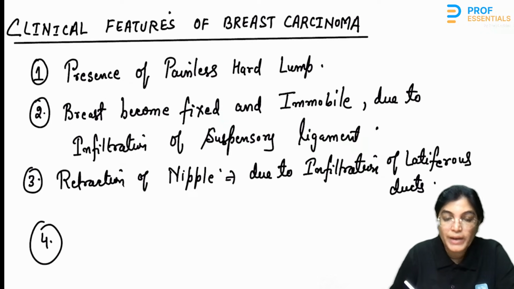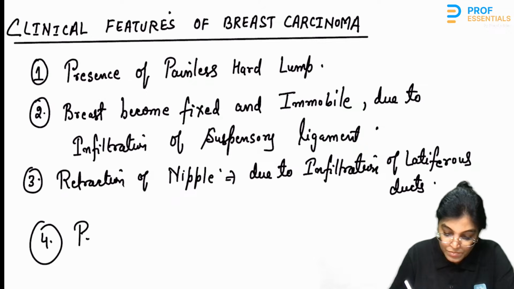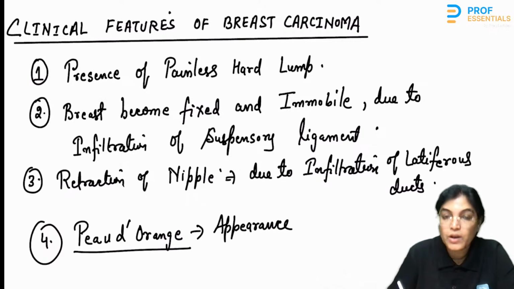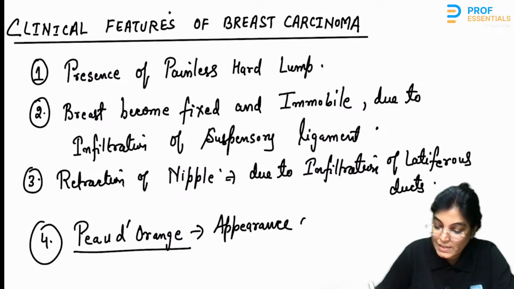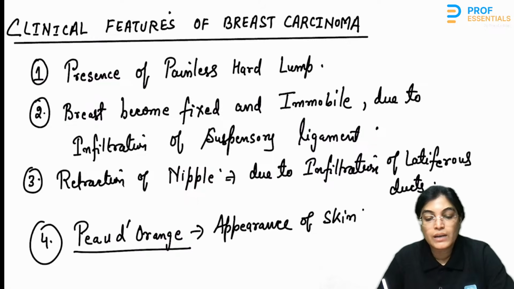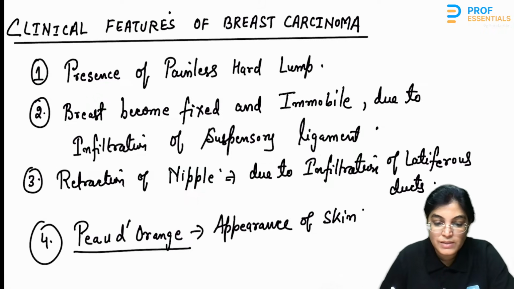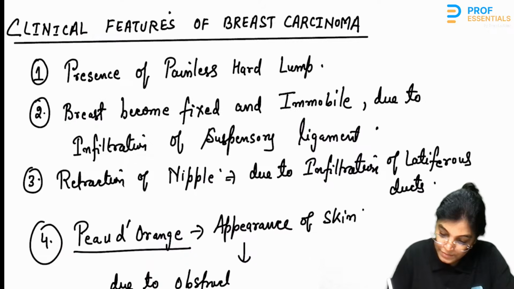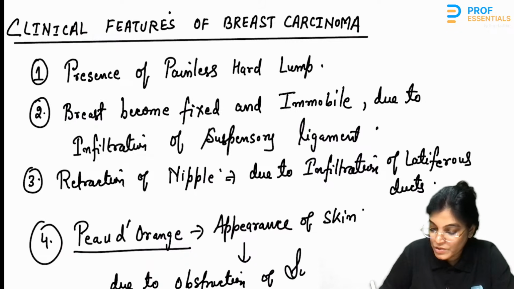And a very important point which is always asked in examination is the orange peel appearance. This orange peel appearance of the skin will be seen in the case of breast carcinoma, and this is actually giving a pitted appearance to the skin, like the skin of the orange, and this is due to obstruction of superficial lymphatics.